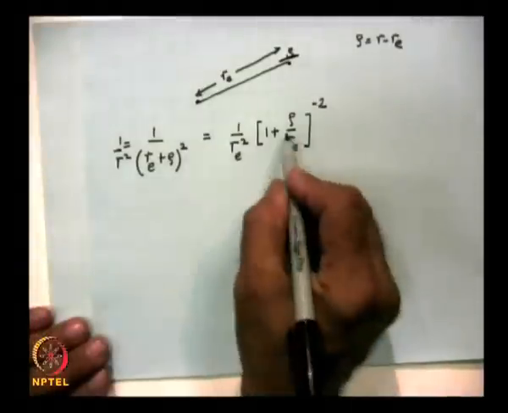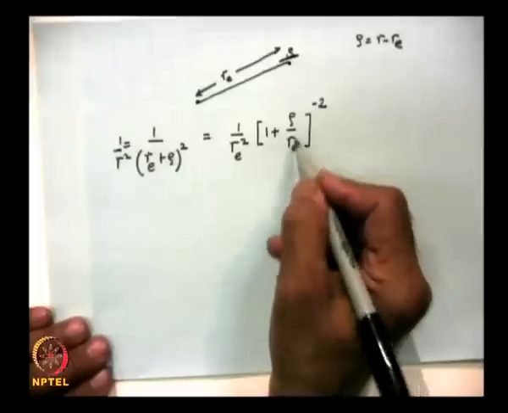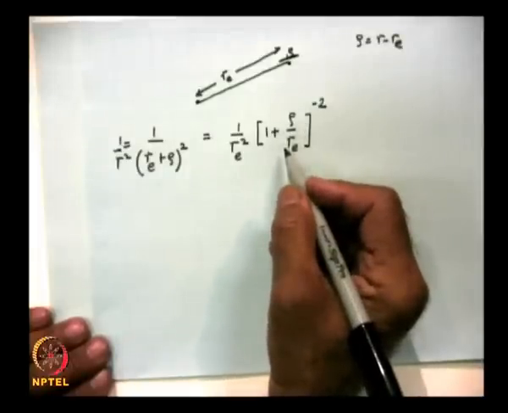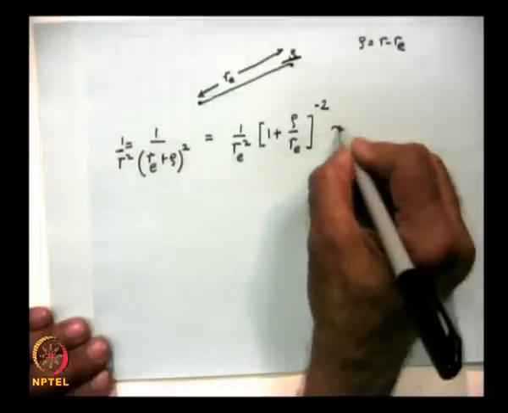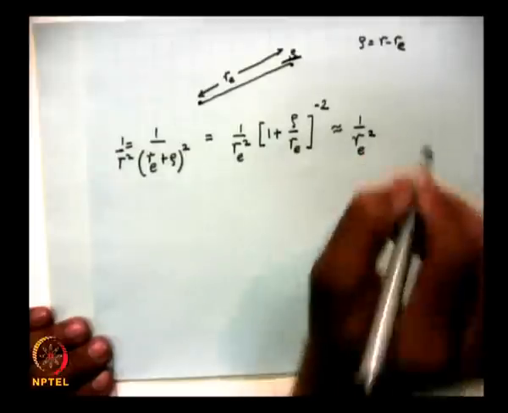I can actually make a binomial expansion and I can still obtain the solutions, and one can show that the effect of this term is very small. So, as a first approximation, if rho is very small, I replace this by 1 over Re square, which is a constant.